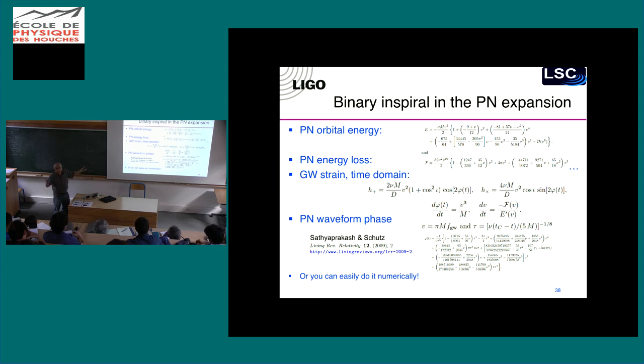Luc Blanchet and Thibault Damour and a whole slew of people have done these calculations to higher and higher orders in the post-Newtonian expansion, and go straight to a perturbation expansion on the phase, rather than getting the phase by evolving the energy and energy loss. You can go straight to the phase itself and evolve that, and the amplitude itself.